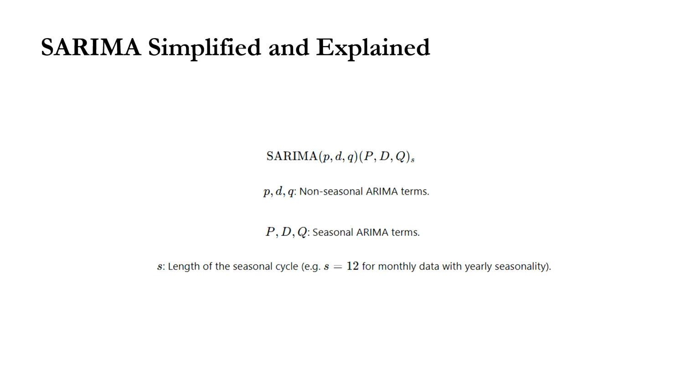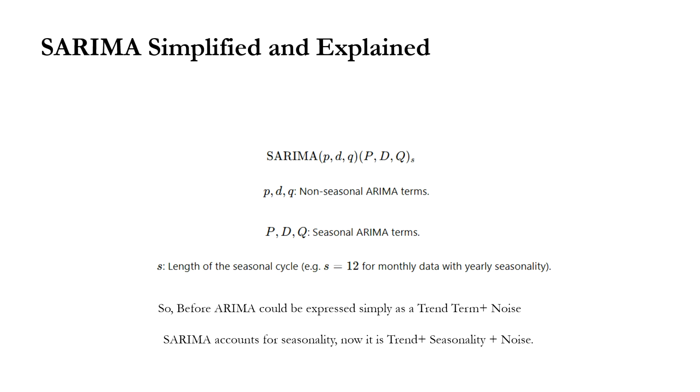So I said S is equal to 12 for Amazon monthly data, and 24 hours for daily data for Lyft. So before, ARIMA could be expressed simply as a trend term plus noise, now SARIMA accounts for seasonality. Now it's trend plus seasonality plus noise, like we saw in the seasonal decomposition.